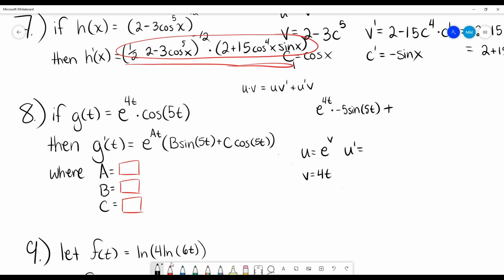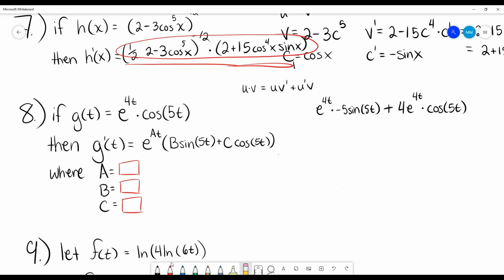So the derivative of our outside is going to be e to the v times the derivative of our inside, which makes this 4, because that's our derivative there, times e to the 4t is the derivative of e to the 4t. So let's put that there. So 4 times e to the 4t, and then times our second term, which is cosine of 5t.